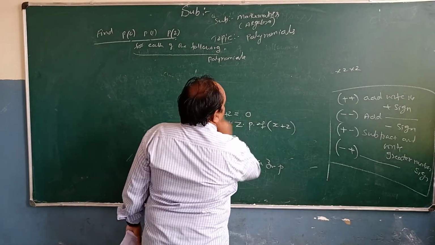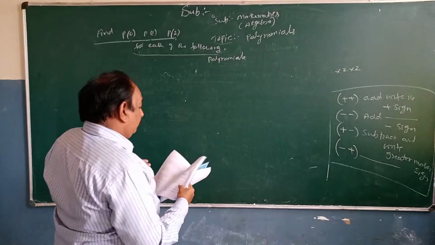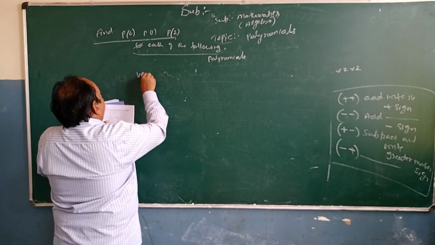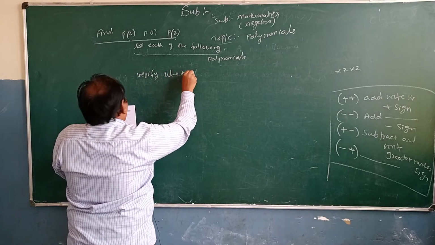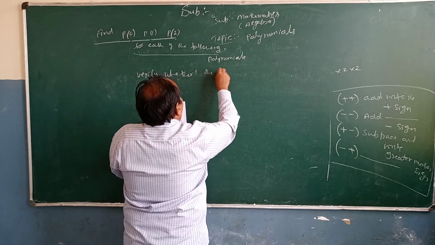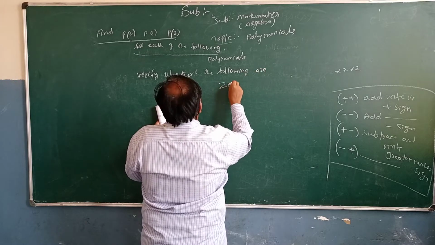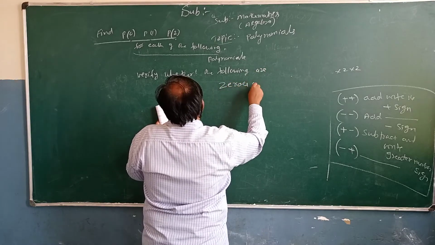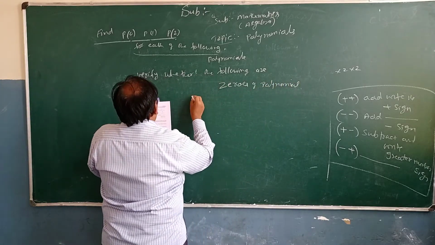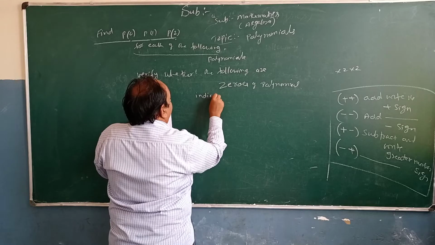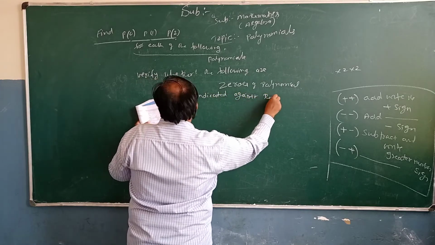Verify whether the following are zeros of the polynomial as indicated against them.